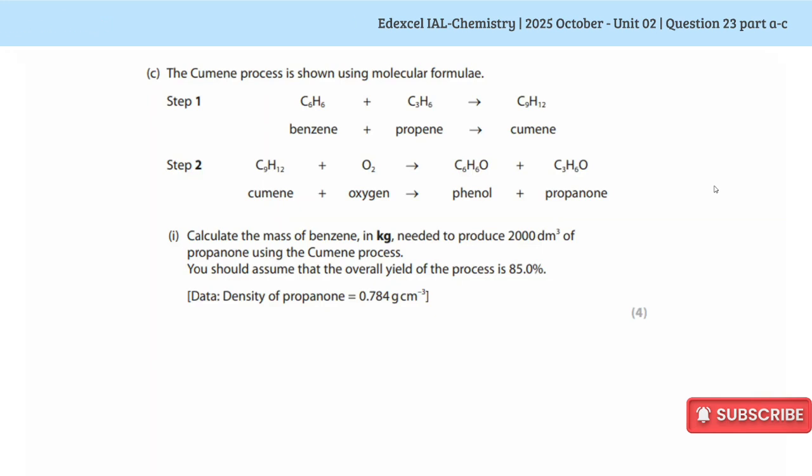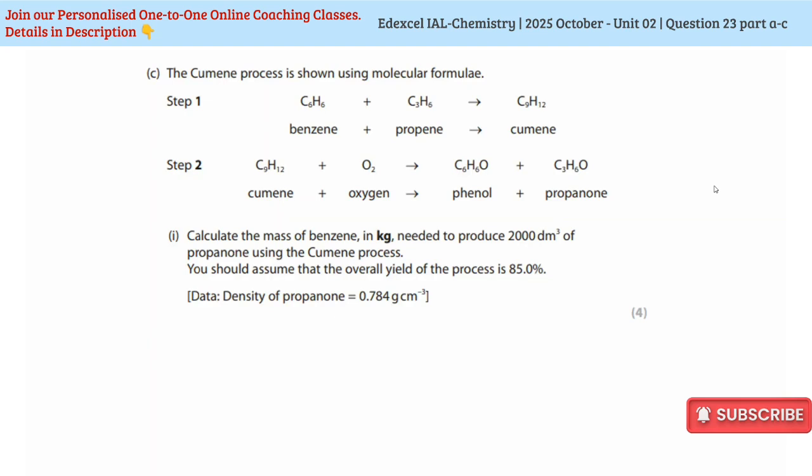You should assume that the overall yield of the process is 85% and the density of propanone is 0.784 grams per cubic centimeter, that is equivalent to 0.784 kilograms per cubic decimeter.